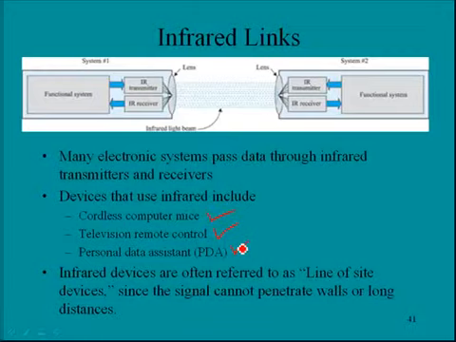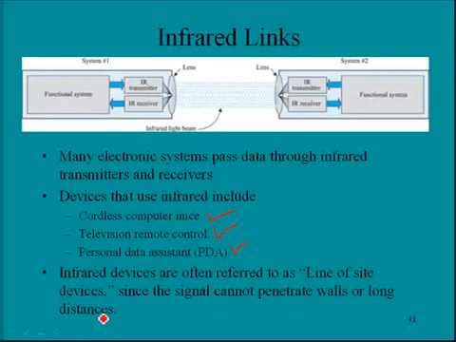Now, infrared devices are often referred to as, notice this, line of sight devices, since the signal cannot penetrate walls or long distances. If you're using a remote for a TV, and someone gets in front of you and you click it, you simply won't get a response.